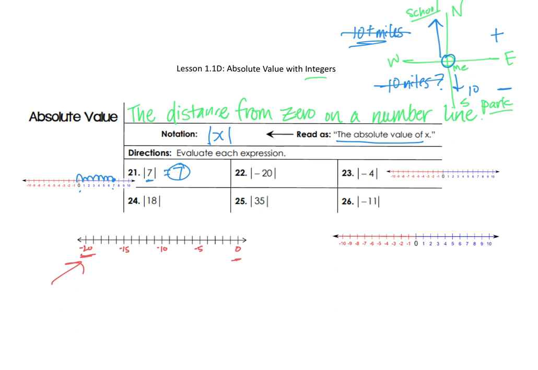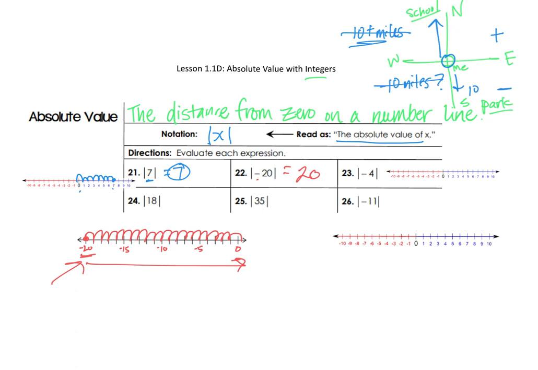So we'll start here at negative 20, and we're going to count back to 0 every space. 1, 2, 3, 4, 5, 6, 7, 8, 9, 10, 11, 12, 13, 14, 15, 16, 17, 18, 19, 20. From here to here, it was 20 spaces. So that's why it comes out as positive 20. It's a distance of 20 from 0 on the number line. And again, that negative just meant it was 20 spaces left of 0.